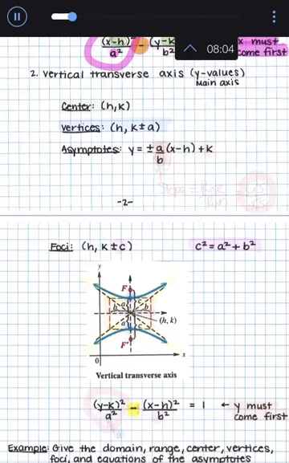What about the other kind of hyperbola? Well, this hyperbola, notice, is going to open up and down. Notice its equation, because it opens up and down, has the y coming first, because it opens up and down. That means your y is going to be your major axis.